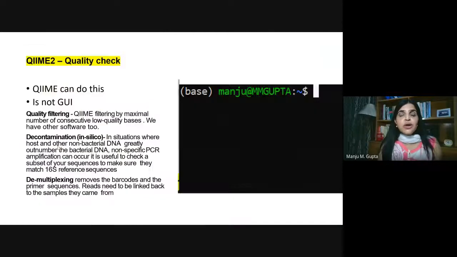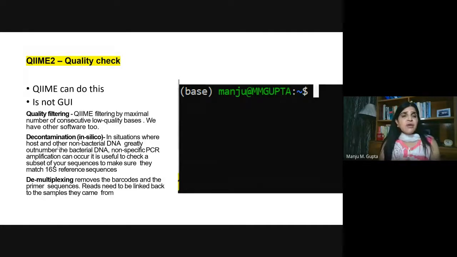So what you do in the quality control check is, I have just brought a small picture of the software with which I work, QIIME. It is a bit difficult for our generation when we are biologists to go to this sort of working, but for young students, I'm sure it will not be difficult. So QIIME is not a GUI.